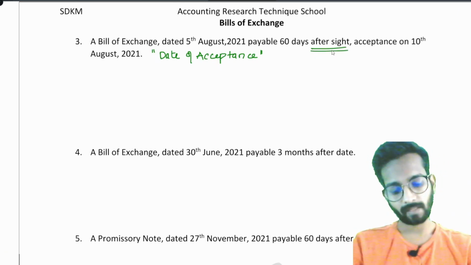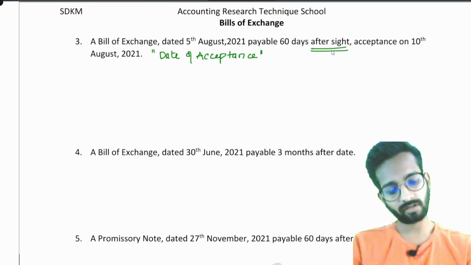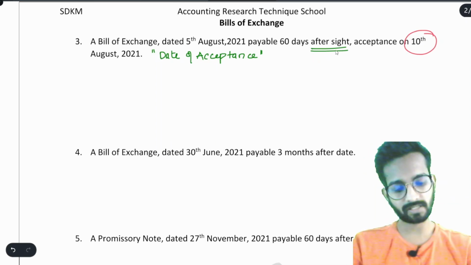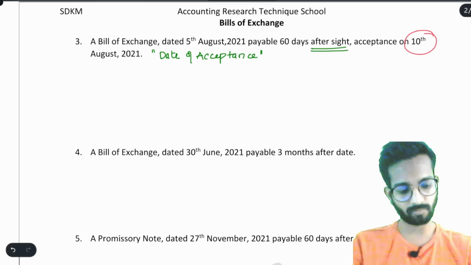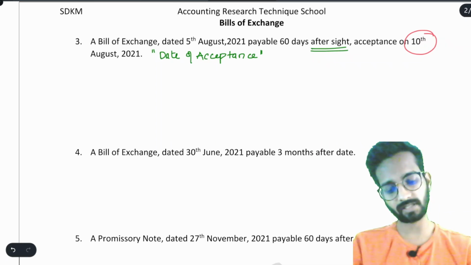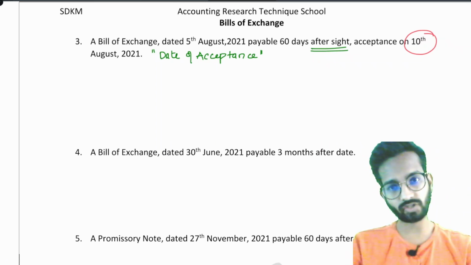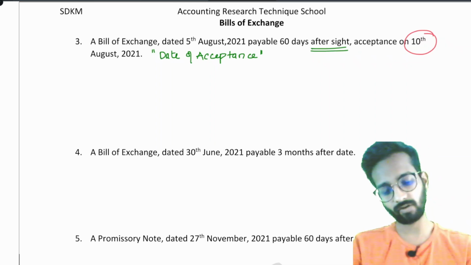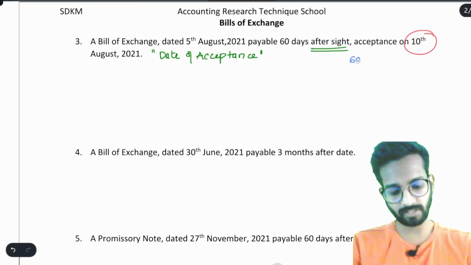Now the bill was dated 5th August, accepted on 10th August. Payable 60 days after sight. Okay, so the number of days we will count will be starting from 11th August. 10th August you have to ignore. Now I want 60 days.